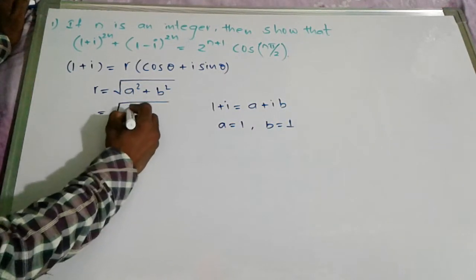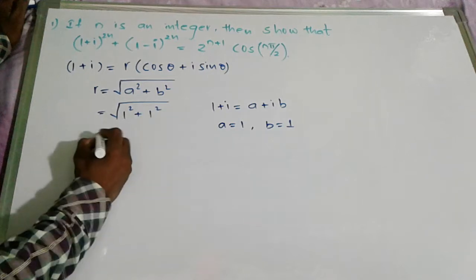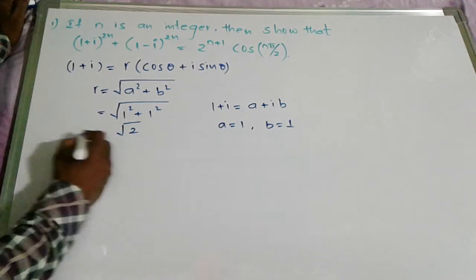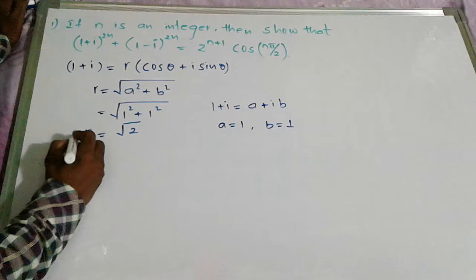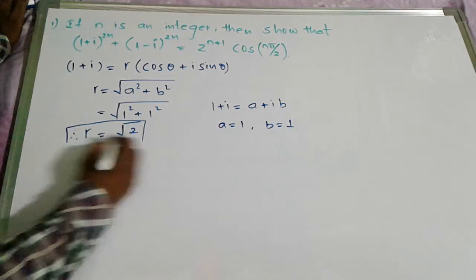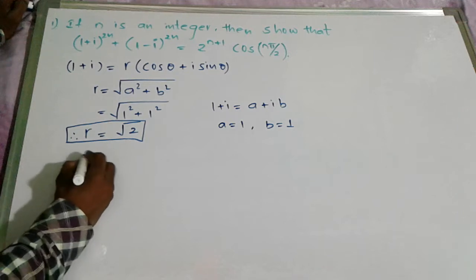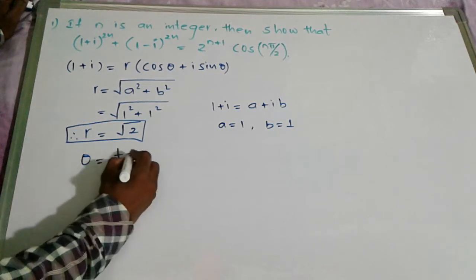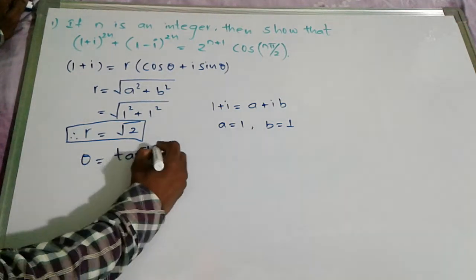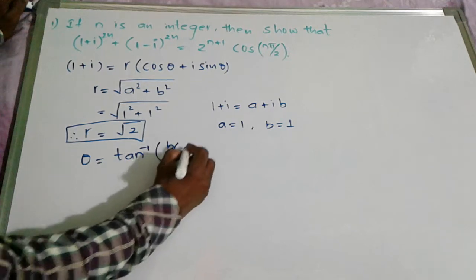Under root 1 square plus 1 square, which is equal to root 2. Therefore we got the r value.